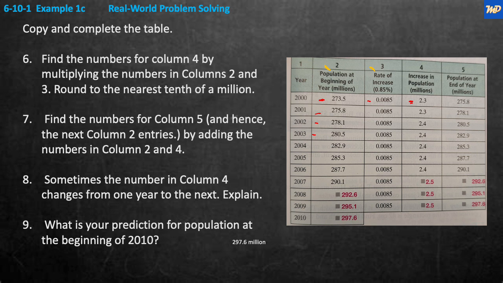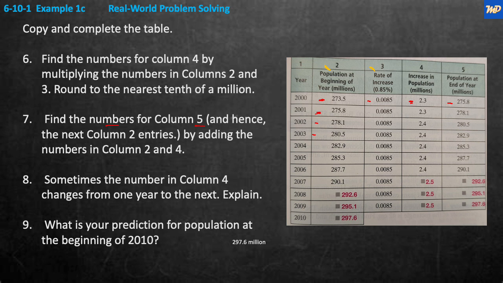It says find the numbers in column 5, hence the column 2 next entry. You see that? So once you find this number here, 275.8, you carry that down to column 2, to the next line in column 2. Here's 275.8.